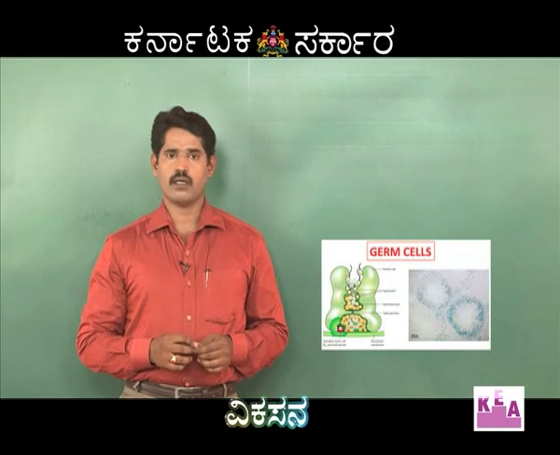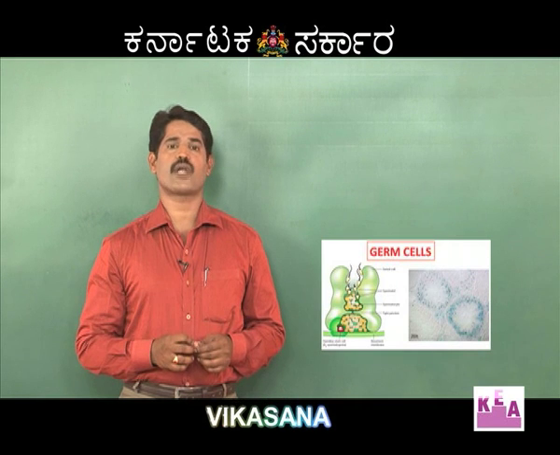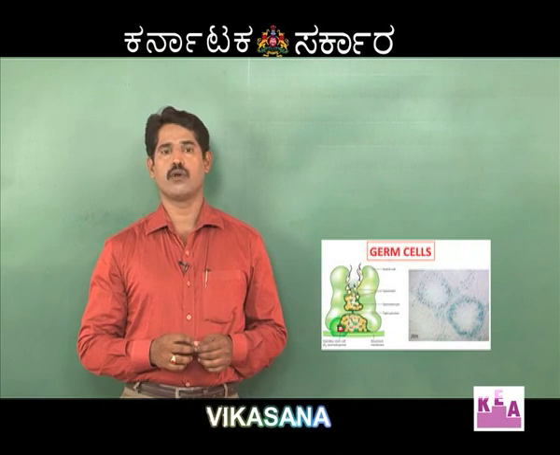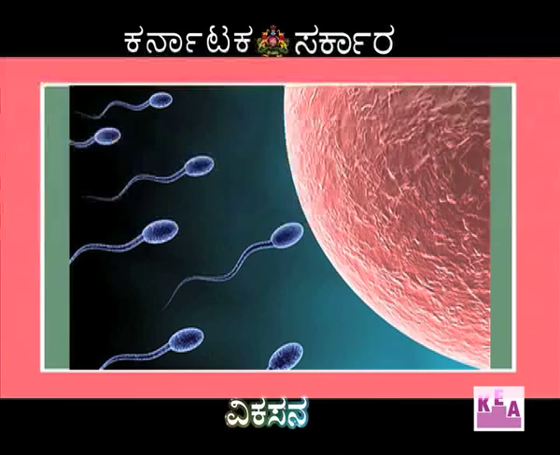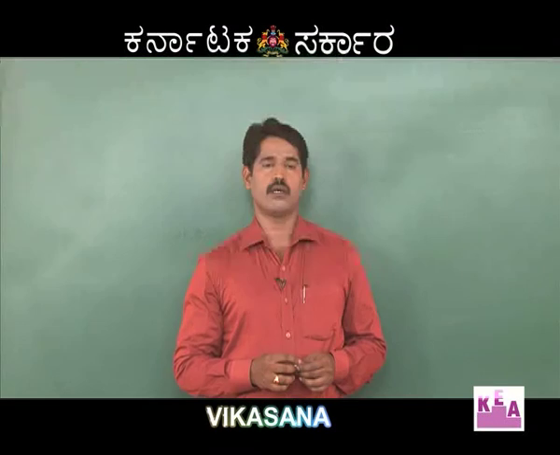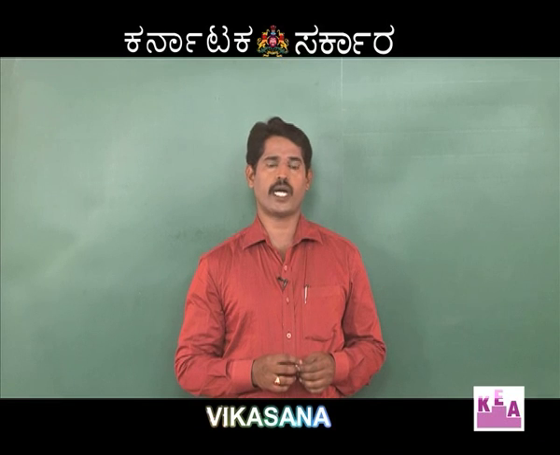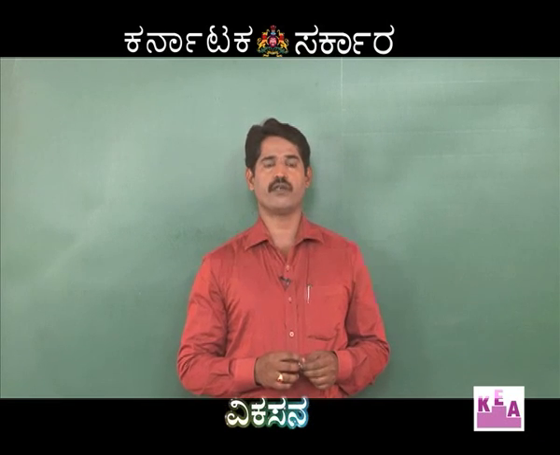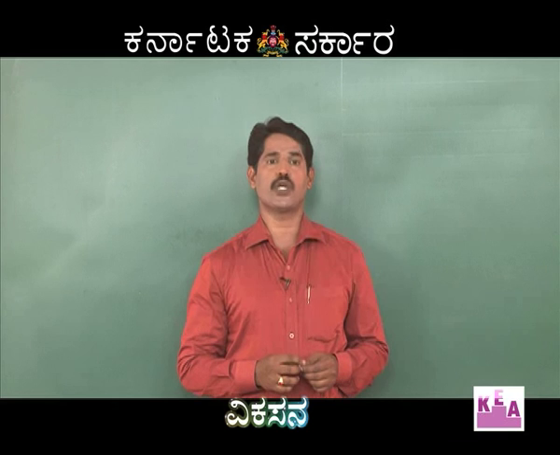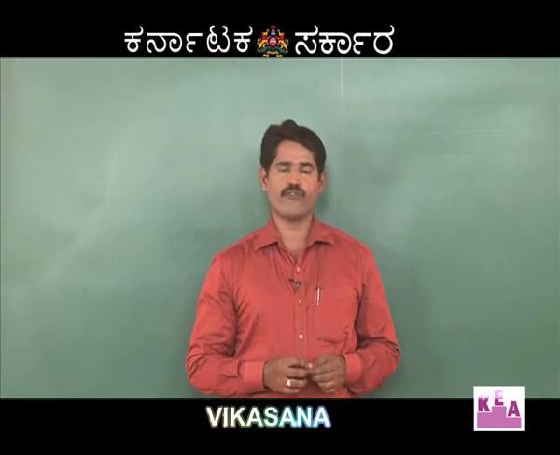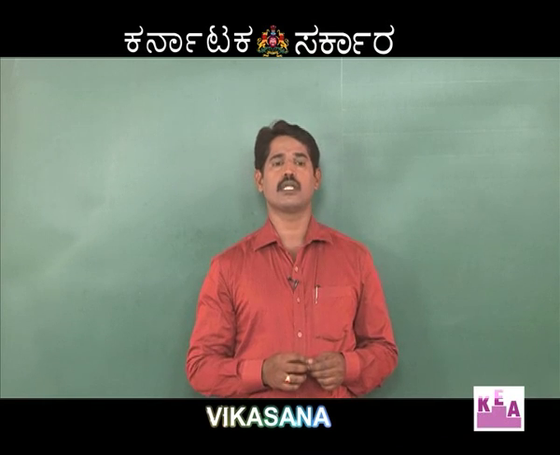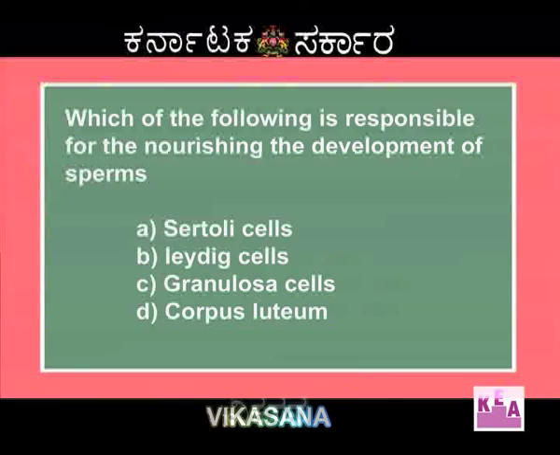The germ cell undergoes mitotic as well as meiotic cell division to form sperms through the spermatogenesis process, and the sperms produced from the germ cell need nourishment. That nourishment is provided by the fluid secreted by Sertoli cells, called Sertoli fluid, which nourishes the developing spermatozoa.